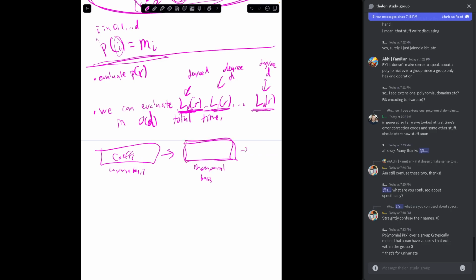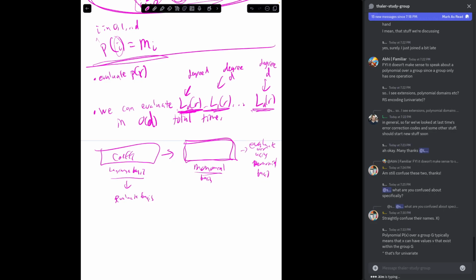But it would be silly, because the transformation from the Lagrange basis to the monomial basis is much more expensive than directly getting the evaluation out of the Lagrange basis. So it's not the only way, but I think it's the most natural way.